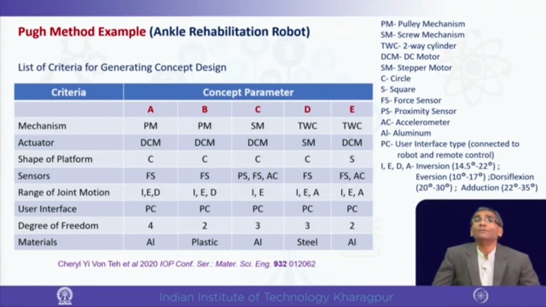Then the shape is either circle or square, there are sensors, force sensors, proximity sensors, accelerometers, and material, there may be aluminum, steel or whatever.